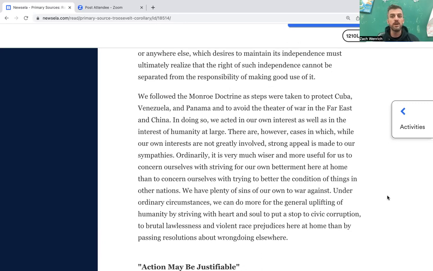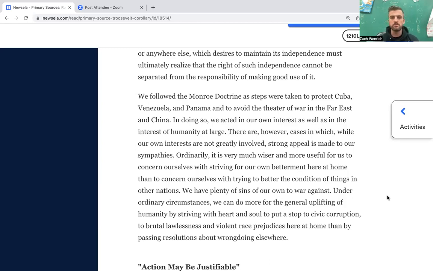There are, however, cases in which, while our own interests are not greatly involved, strong appeal is made to our sympathies. Ordinarily, it is very much wiser and more useful for us to concern ourselves with striving for our own betterment here at home than to concern ourselves with trying to better the condition of things in other nations. We have plenty of sins of our own to war against.